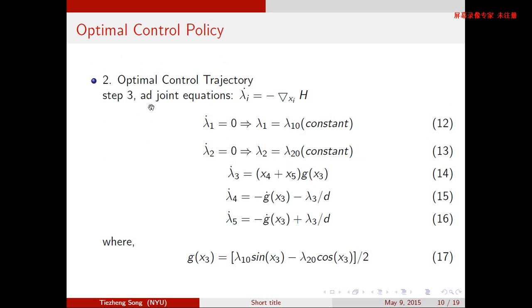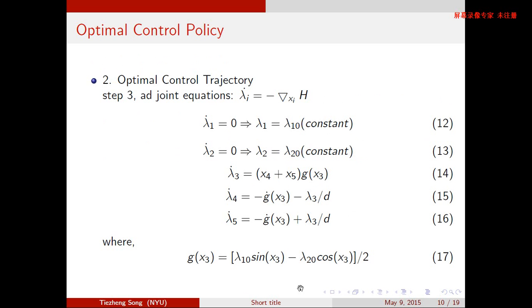These are the adjoint equations for the system. In this case, by solving the differential equations, it can be found that the dual variables lambda 1 and lambda 2 are equal to some constants which depend on the initial conditions.